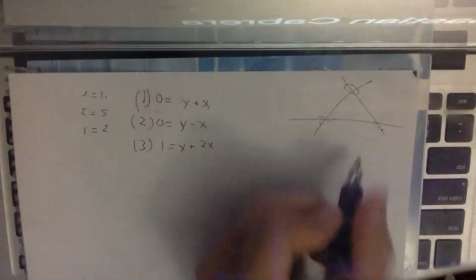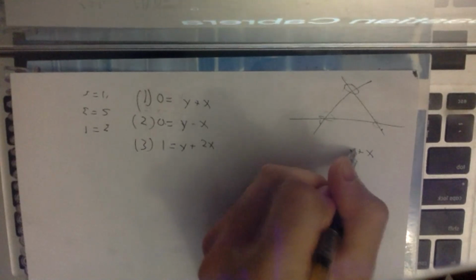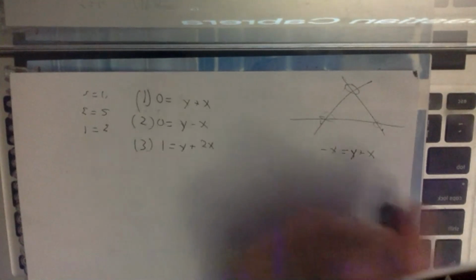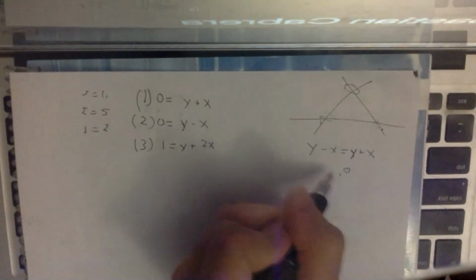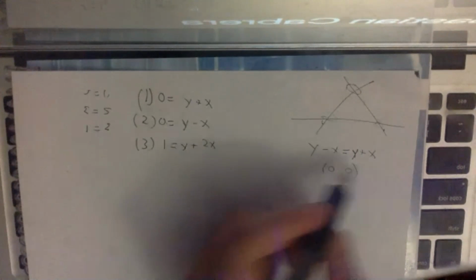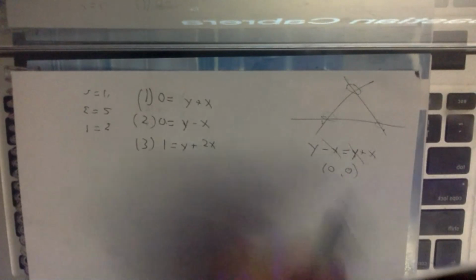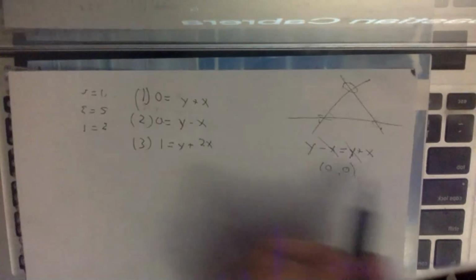So x plus y equals x minus y, or y minus x. It's going to be the 0, 0 pair, because that cancels. Y equals y, 0. 0, 0 pair.